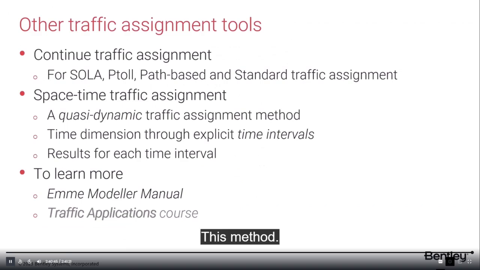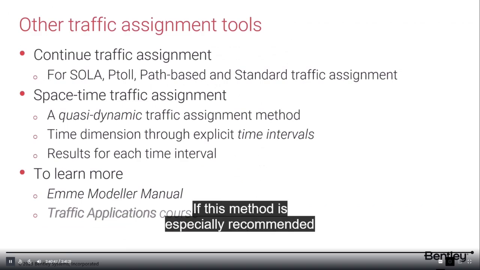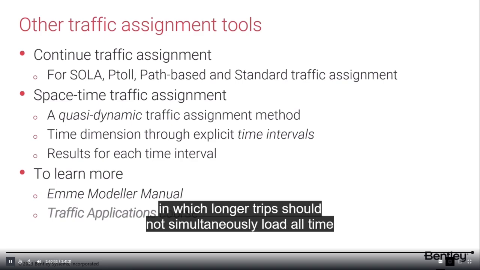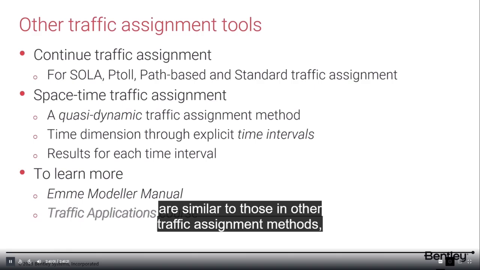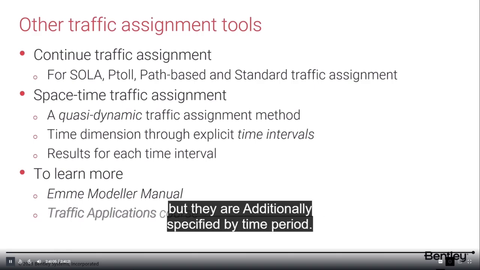This method is especially recommended for statewide, national, or long-distance freight models in which longer trips should not simultaneously load all time periods at once. The analysis capabilities and results are similar to those in other traffic assignment methods, but they are additionally specified by time period.